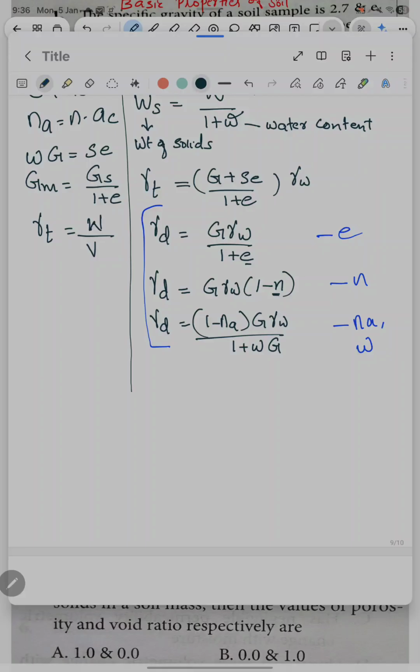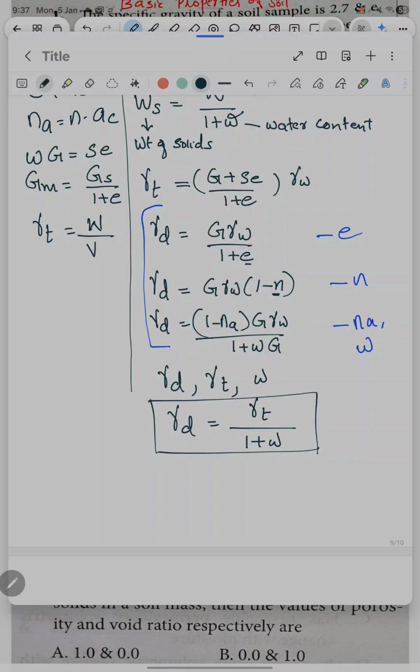Next we are going to study the relationship between dry unit weight, bulk unit weight and water content. This is one important one: dry unit weight is equal to bulk unit weight divided by 1 + w. Okay.